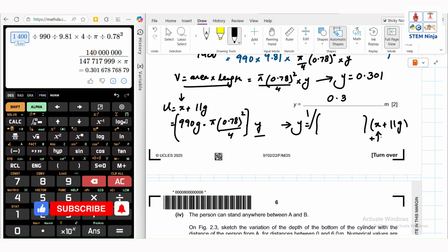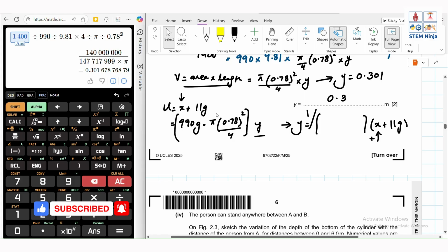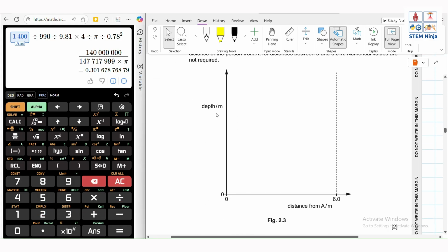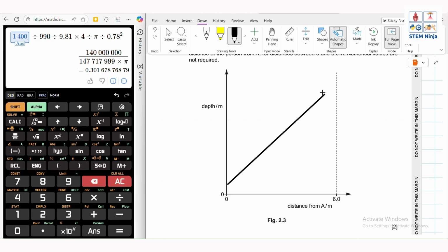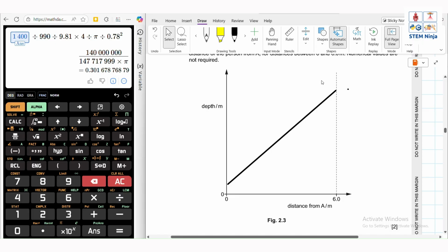So the gradient would remain positive, and this would go like this. Remember, it's not going to be 0.